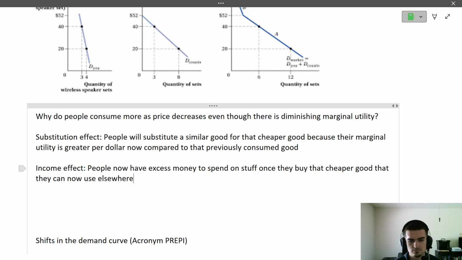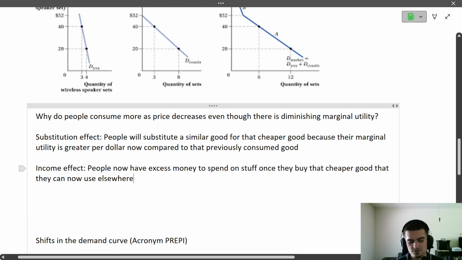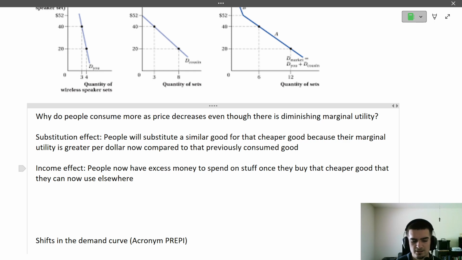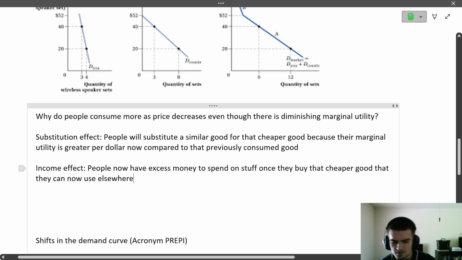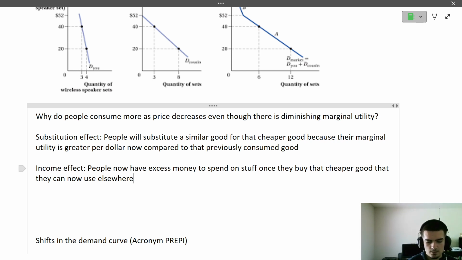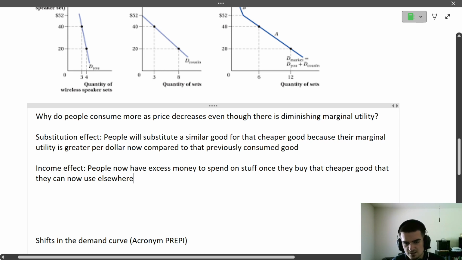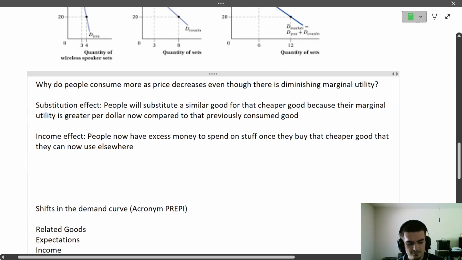Let's say you're spending $40 a week on gasoline and gasoline gets cheaper, and now you're only spending $30 a week on gas. So now you have 10 extra dollars that you could be spending elsewhere. Some of that may go towards gas and some of it may not, but that's the income effect.